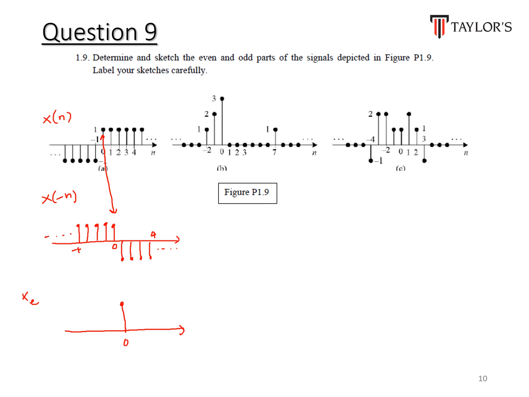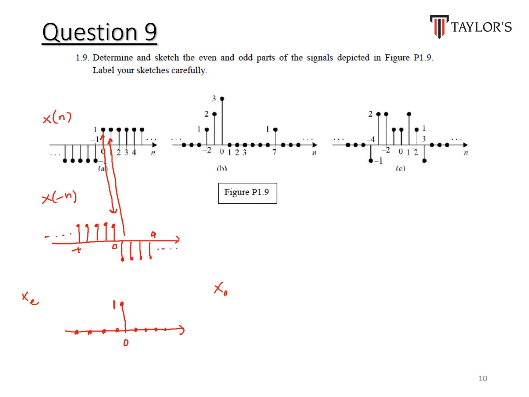This point will be added with its corresponding point, and then you get 0 actually. So everything else is 0 except at the origin here. And you still need to divide by 2. So it's 1 plus 1, which is 2, divided by 2, so it comes back to 1. So this is the even signal.